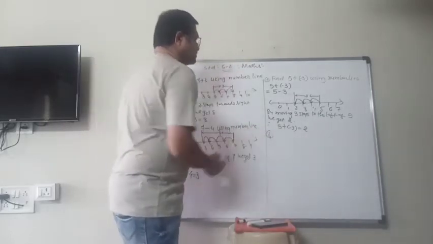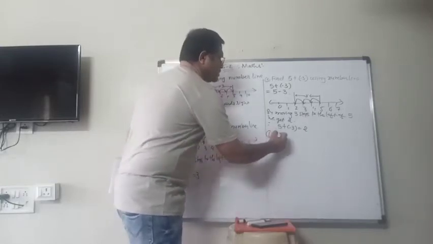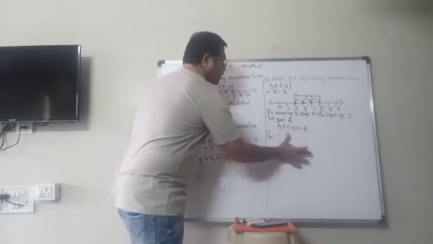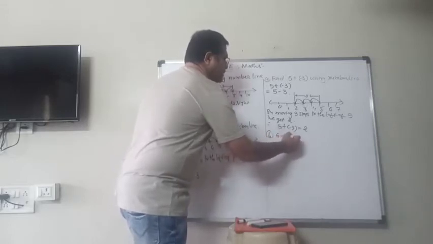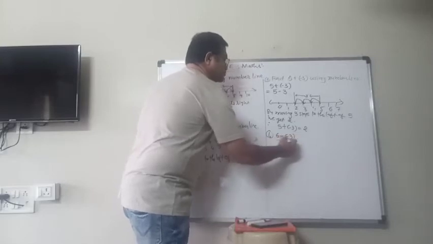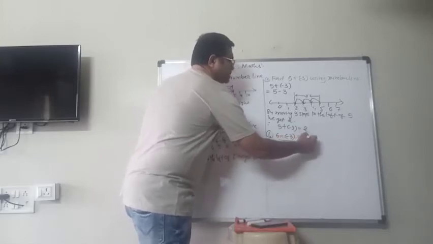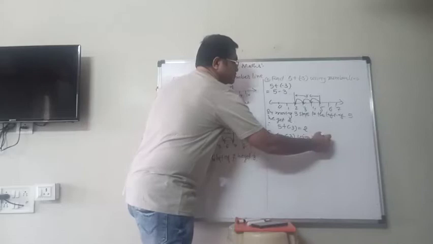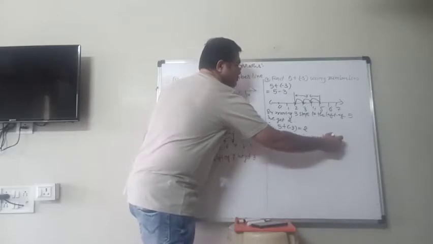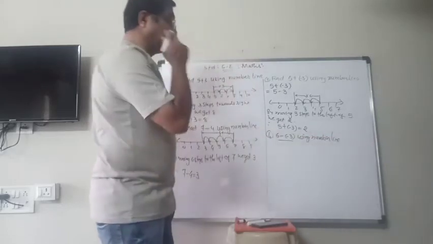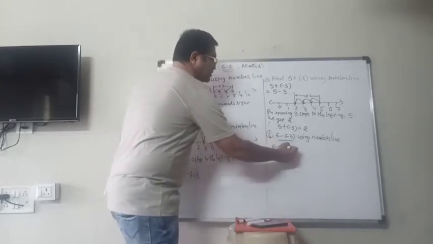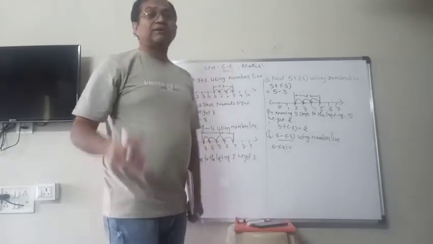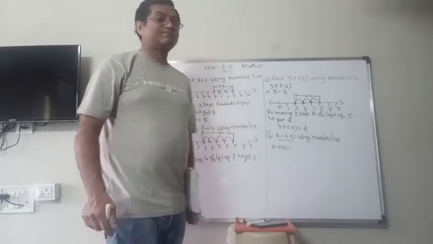Similarly, if it is like that, 8 minus, 6 minus minus 3 using number line. So now in this situation, 6 minus minus 3, we know that minus minus becomes plus.